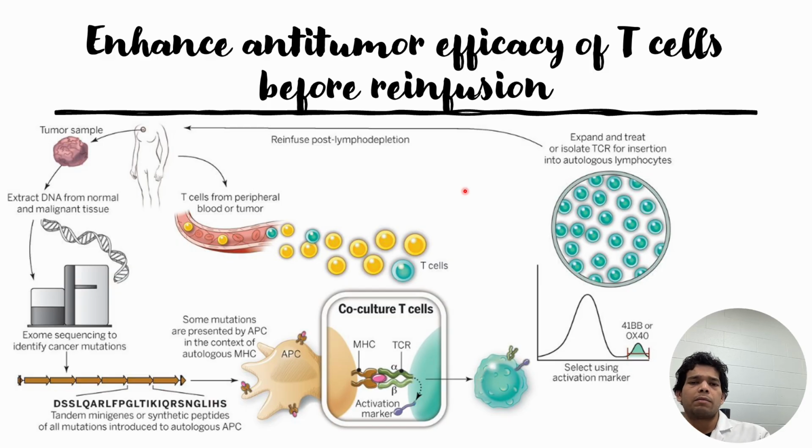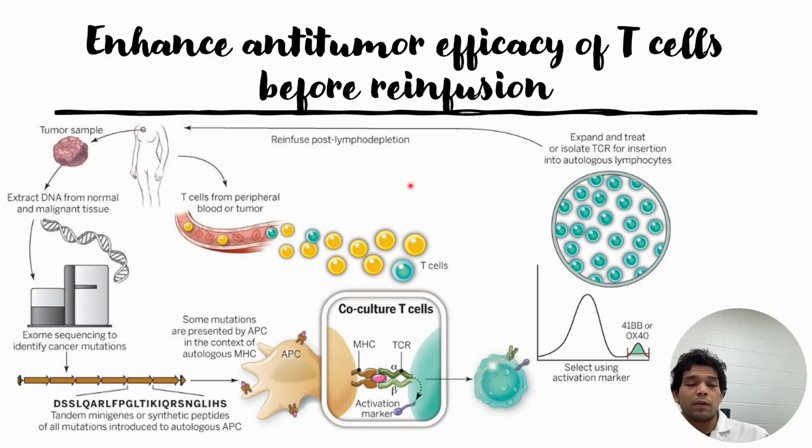Sometimes, because of the universal target antigens, the efficacy of those T cells is not that good, because there are mutations present within the patient that cannot be accounted for by the universal antigen T cells that are commercially sold.